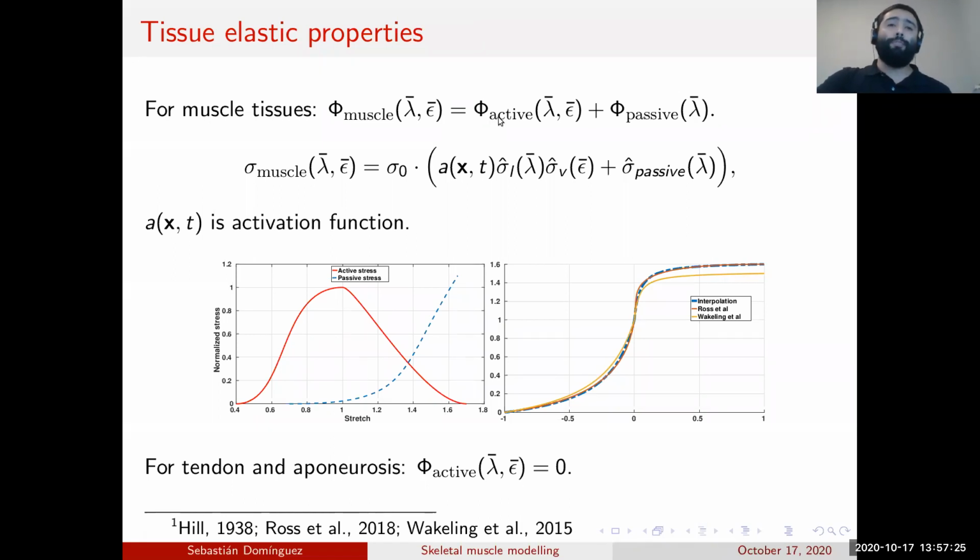And the active response encodes the information that comes from your brain telling your muscle to deform, all right? And so the active force or active stress here, which is this whole thing, A times sigma L sigma V, looks like this when the sigma V is 1, okay?